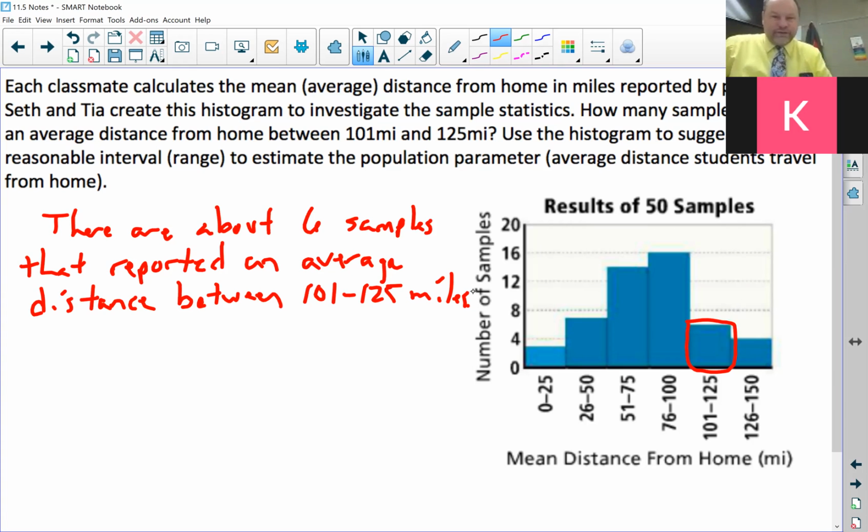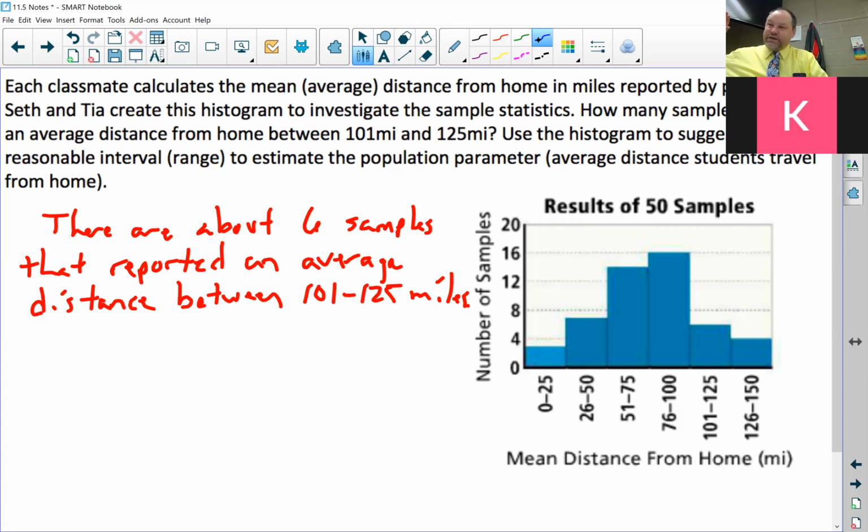All right. The next question is one that I think students struggle with because they want to be really precise and really particular. It says, use the histogram to suggest a reasonable interval or range to estimate the population parameter.